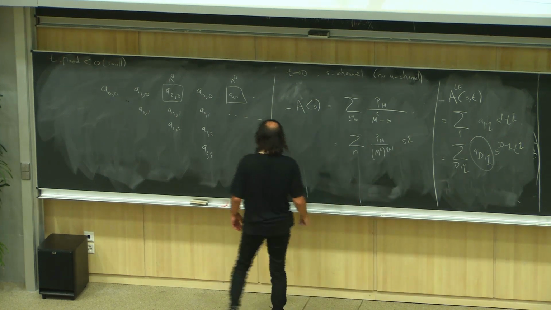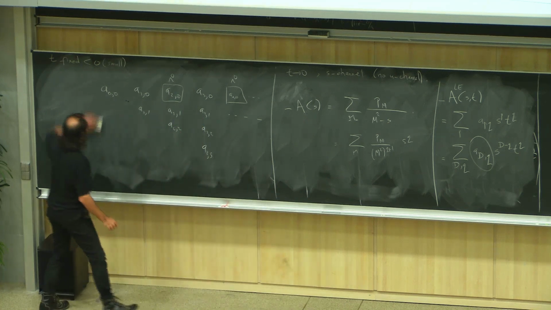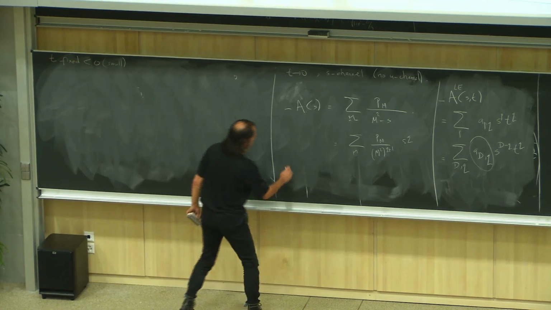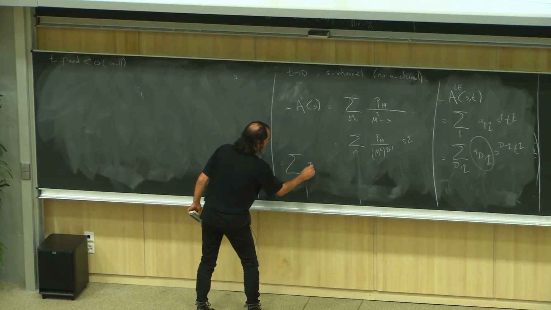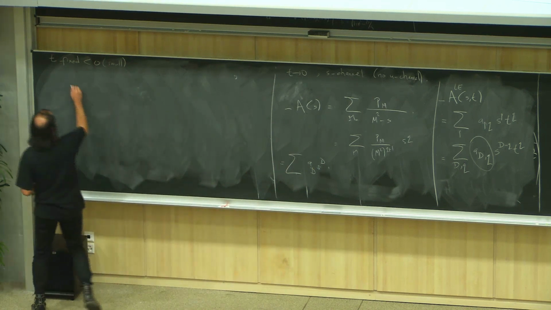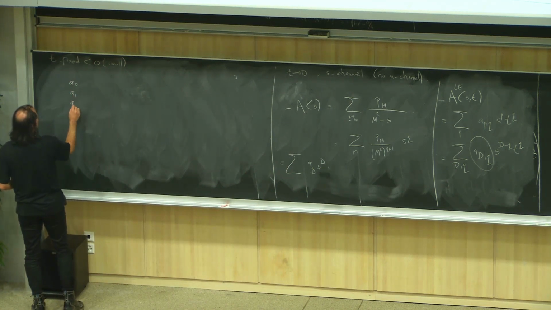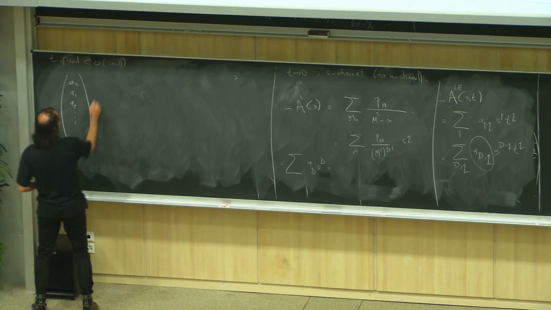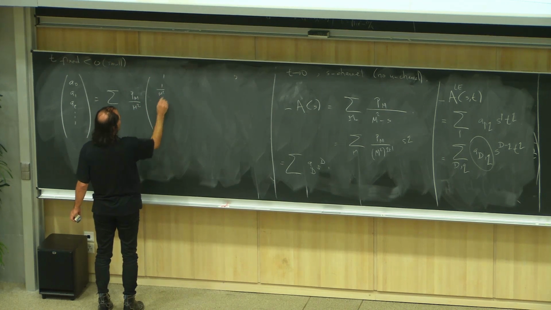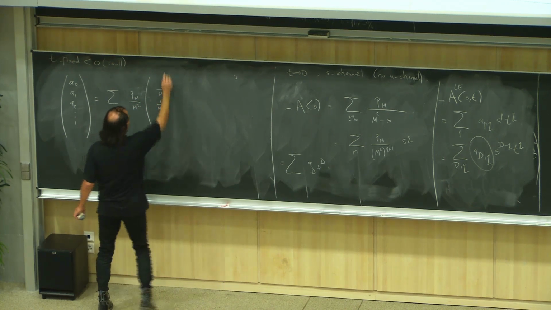So I learn immediately, in this case, what all these coefficients are. On the other hand, this is the sum of some AD, S to the D. And so I learn that A0, A1, A2, and so on, are equal to the sum of Pm over m squared times 1 over m squared, 1 over m to the 4th, and so on.